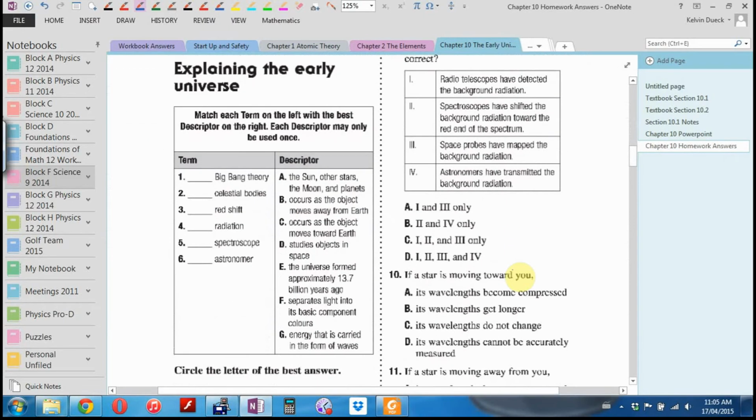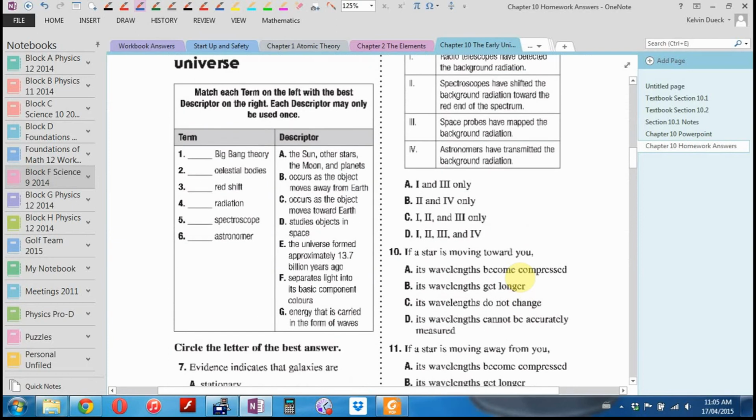Then you would turn the page. E. A. Redshift is when you're moving away.